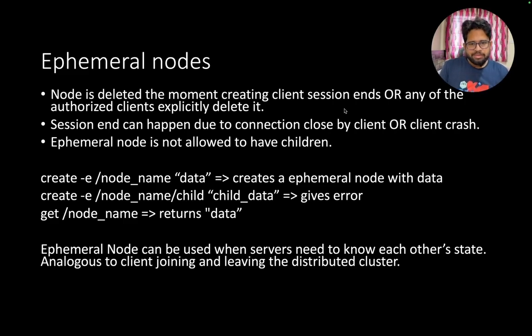And this session end can happen due to the connection closing done by you deliberately, that you close that connection because you wanted to, or you crashed. So if the client crashed, then also the connection will close. So no matter whether you deliberately close it or a crash has happened, in both cases the delete can happen.